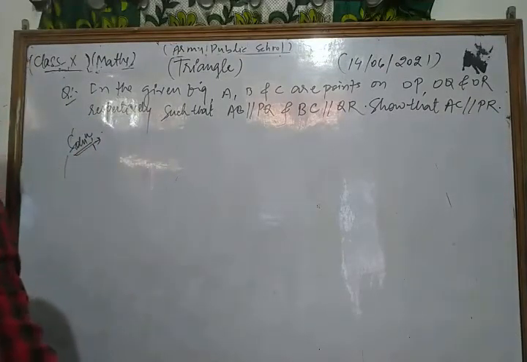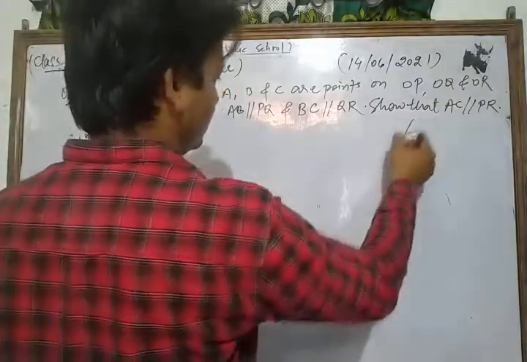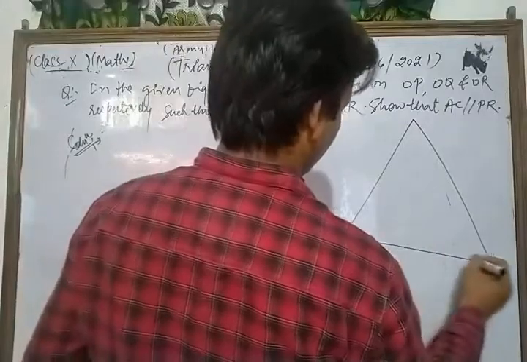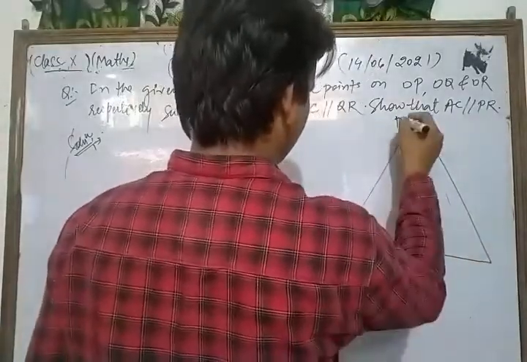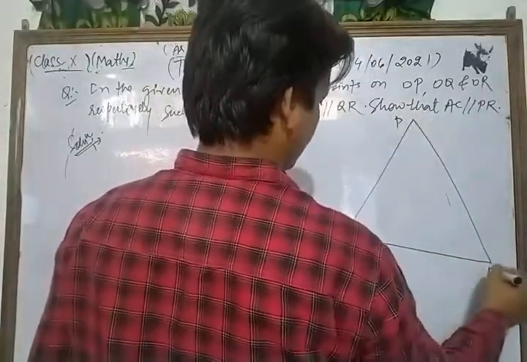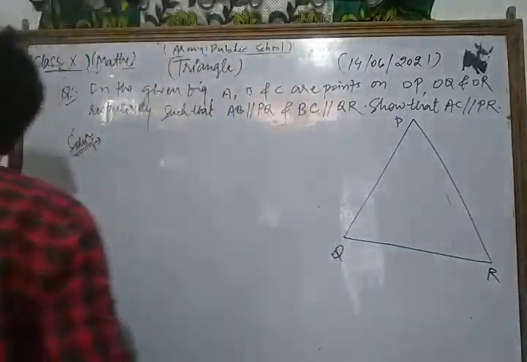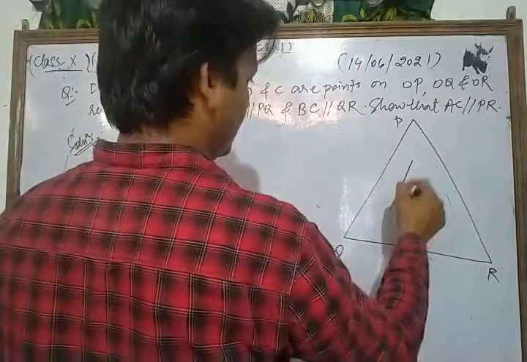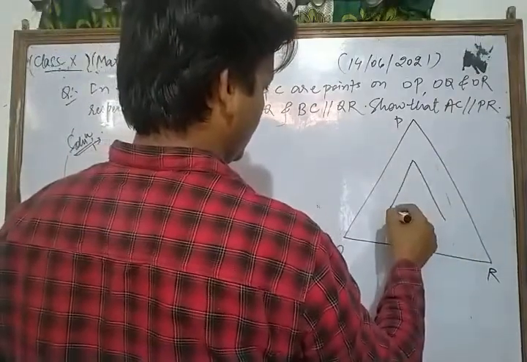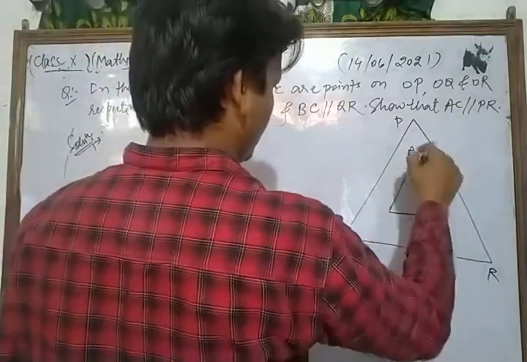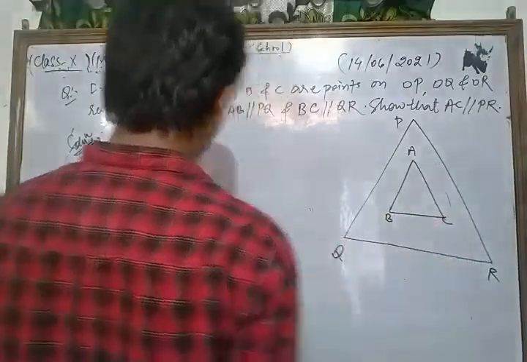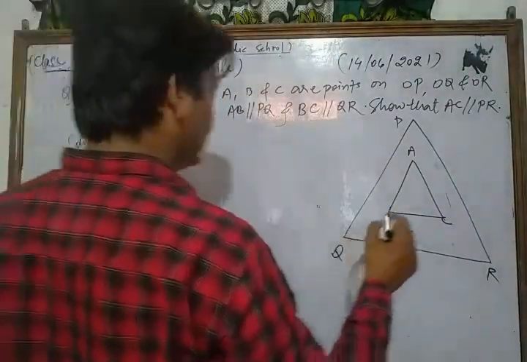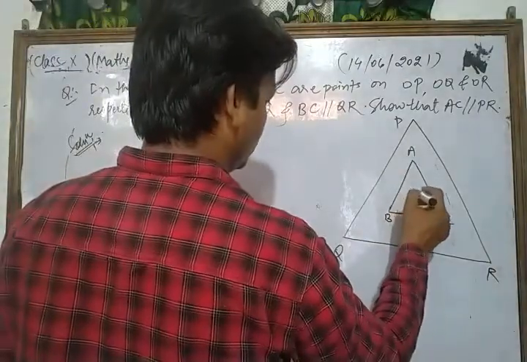Now we draw the figure PQR. PQR is a triangle, and ABC is another triangle, and here O is the point.